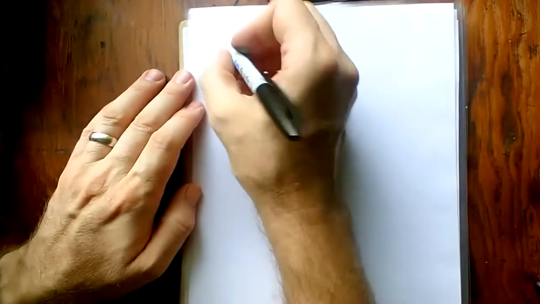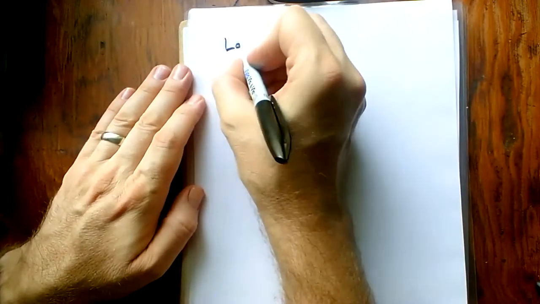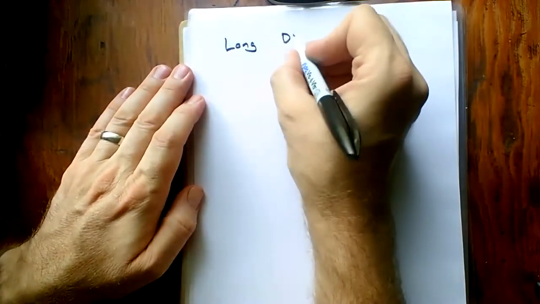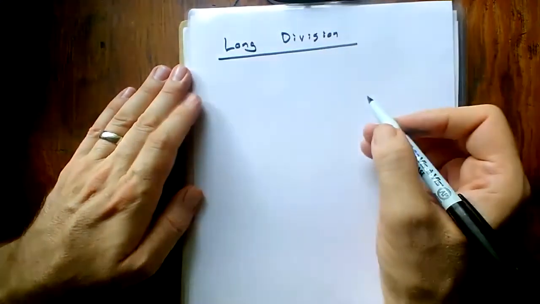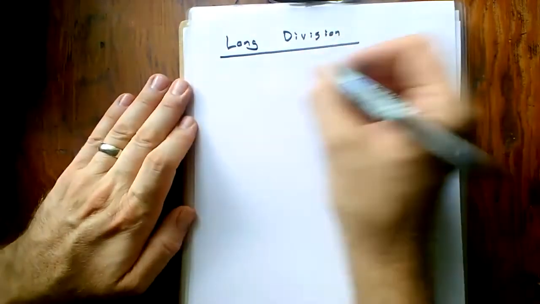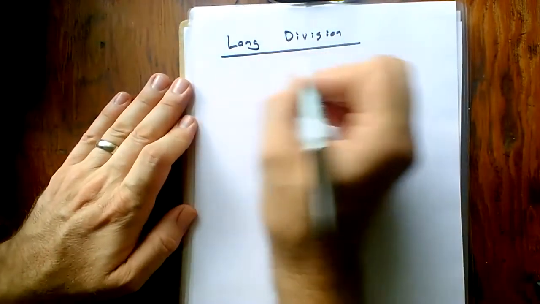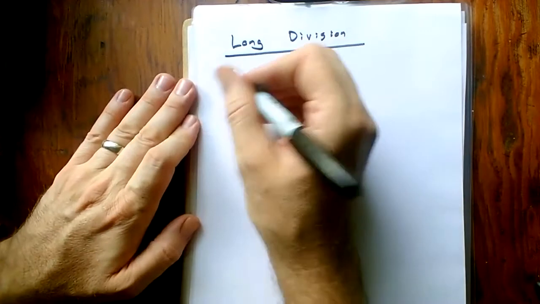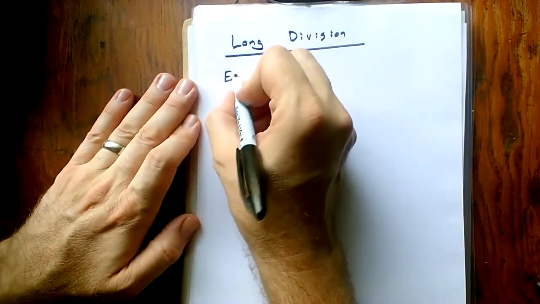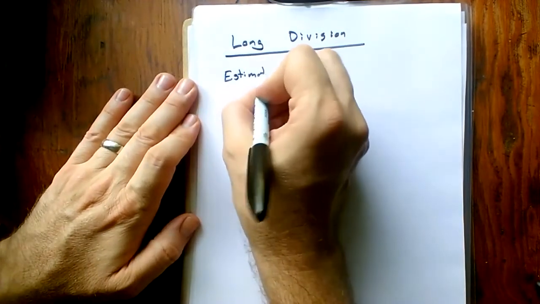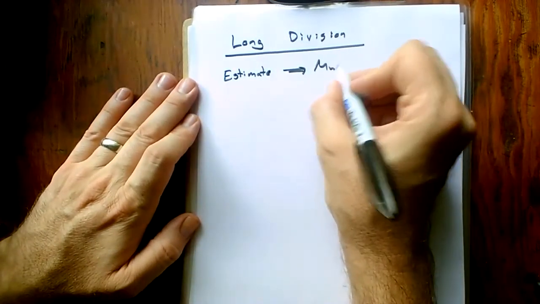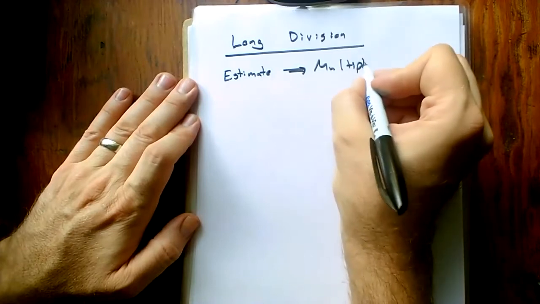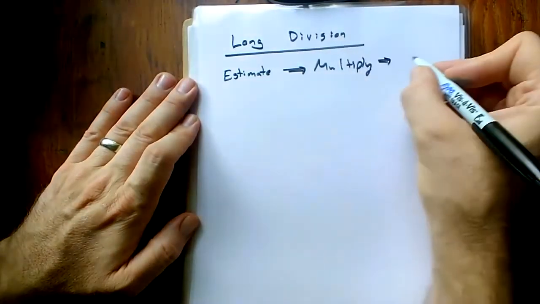Let's go over the process for long division. The process for long division always breaks up into 3 steps that you're going to repeat: estimate, multiply, and subtract.